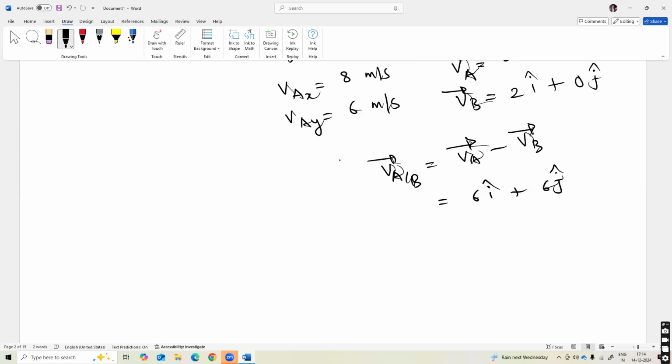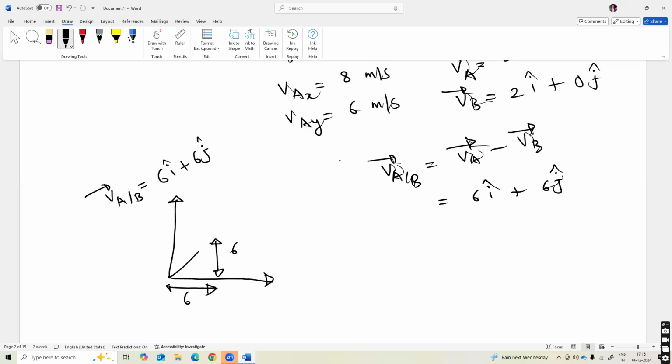Here we have VAB, the relative velocity of A with respect to B, which is 6i plus 6j. If you draw the velocity vector, the horizontal component is 6 and the vertical component is also 6.